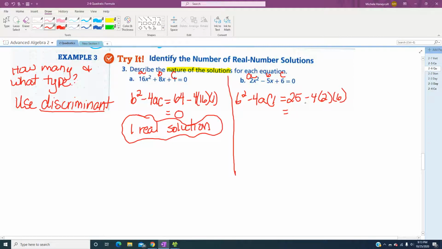Let me grab my calculator. Typing in 25 minus 4 times 2 times 6, I'm getting negative 23. Which is negative. So if my discriminant is negative, I will have two complex solutions.